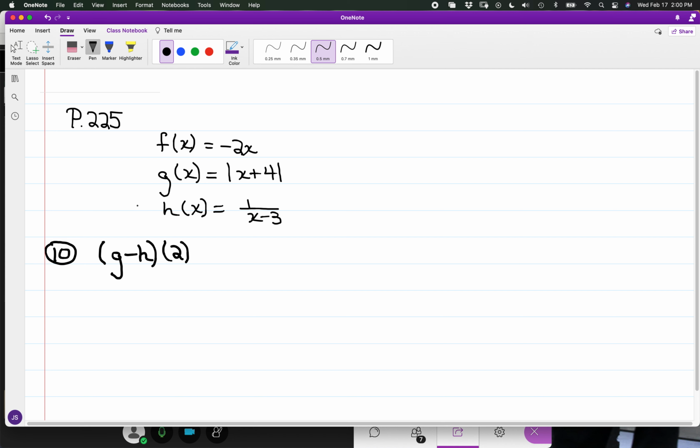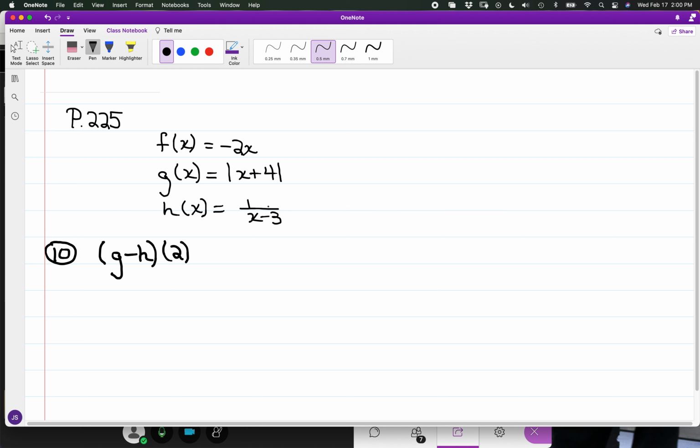For the first portions, we have introduced three functions whereupon f of x is equal to negative 2x, g of x is equal to the absolute value of x plus 4, and h of x is equal to 1 over x minus 3.